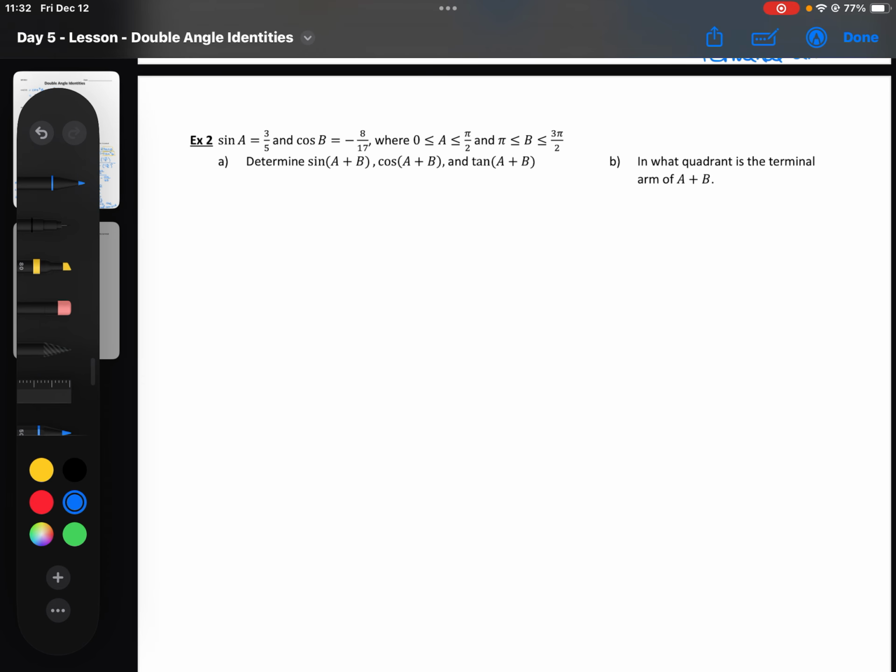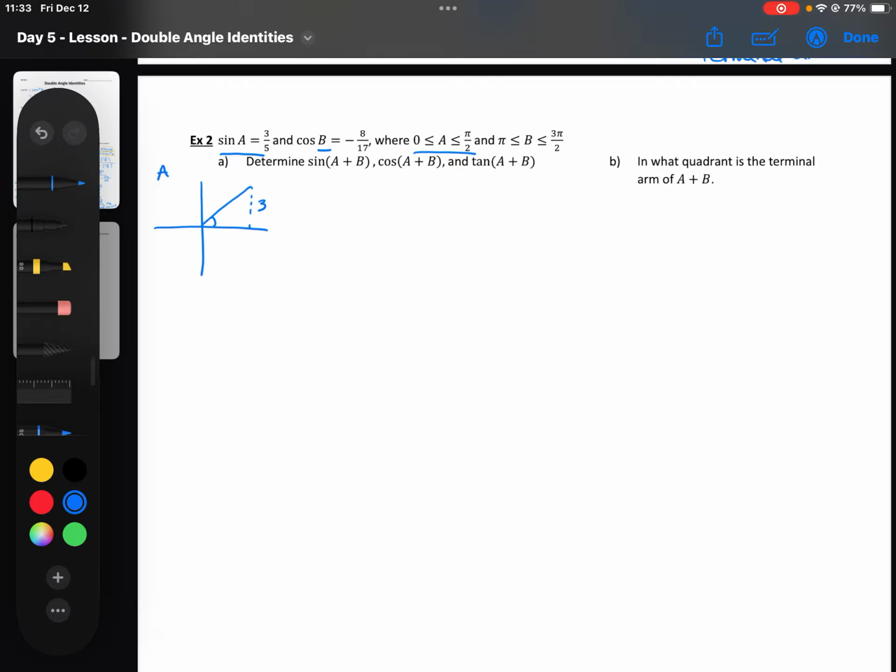And so this time I've got 2 different angles, A and B. I'm going to start off by finding the primary trig ratios for both of those. For A, I know that A is in the first quadrant between 0 and pi over 2. I also know that sine A is equal to 3 over 5.